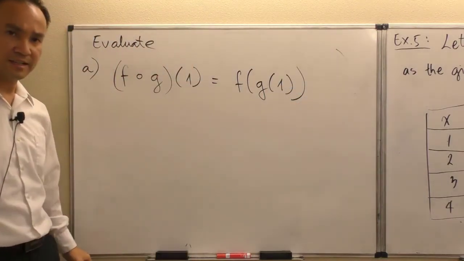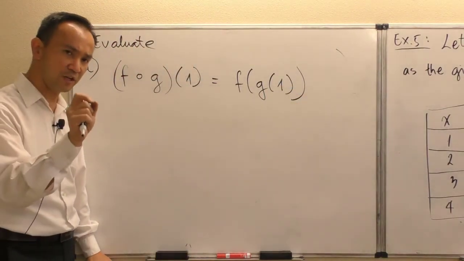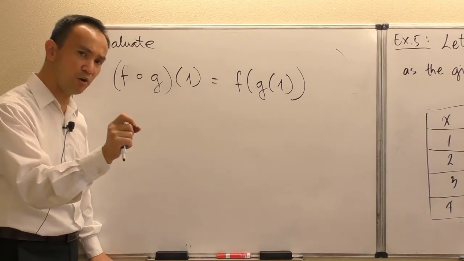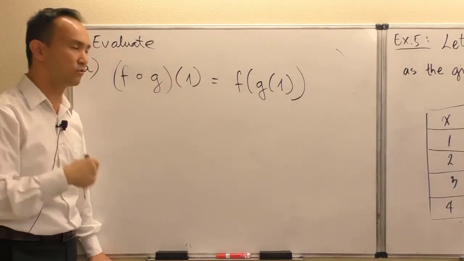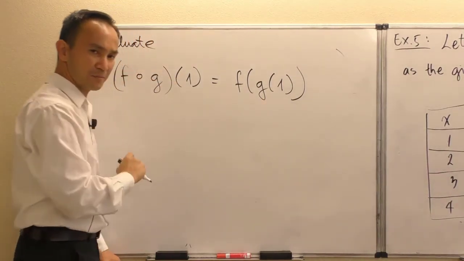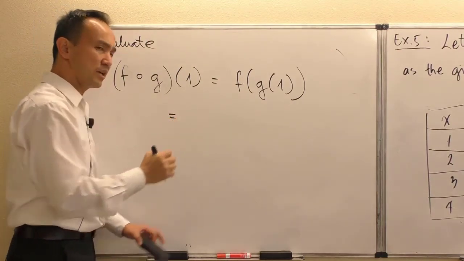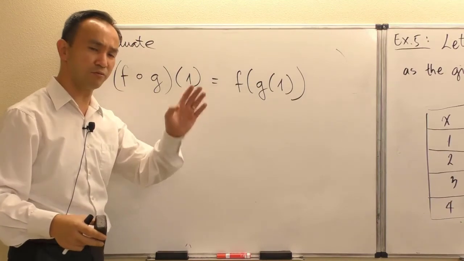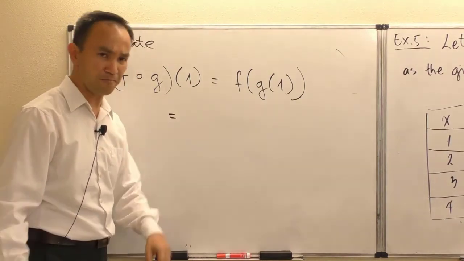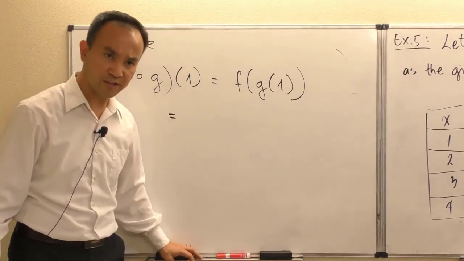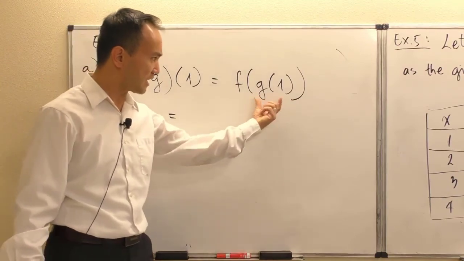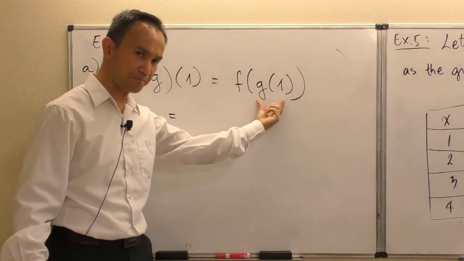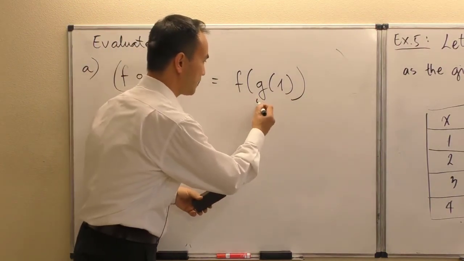That's how it is. And so we're going to be determining the output values from the inside out. The only thing different in this example compared to the earlier example is that we're completely based on the table. We're using the given tables for that. So from the inside out, g of 1, we have to start tackling this first.